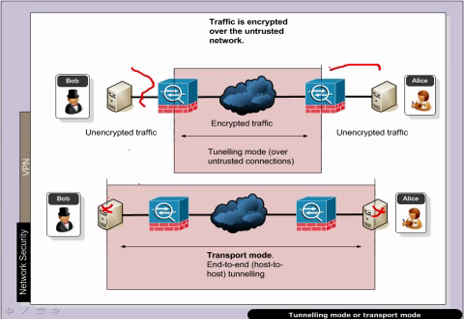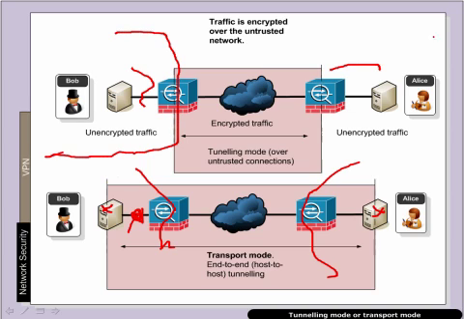They communicate, and the whole of the communication transmission is encrypted. The disadvantage with this method is if this was a corporate network here, then we could have intrusion detection systems and scanners and so on, and they will not be able to detect any threats because all the traffic is encrypted.